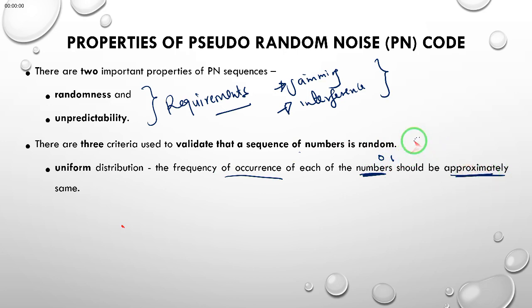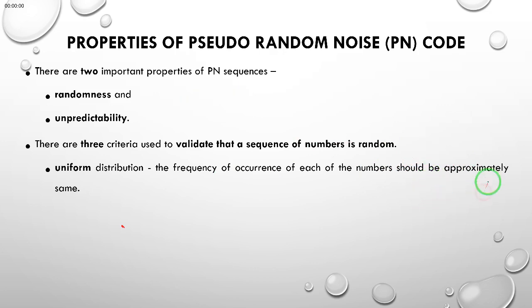For instance, if we have a PN code with n equals 32, the number of ones should be approximately 16, and the number of zeros should be approximately 16.